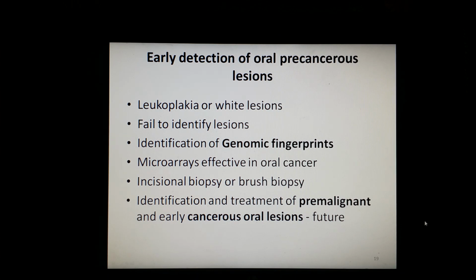So identification of the gene expression profile, or genomic fingerprints, will allow clinicians to differentiate harmless white lesions from precancerous lesions, meaning those lesions that will lead to cancer, or from very early cancer.